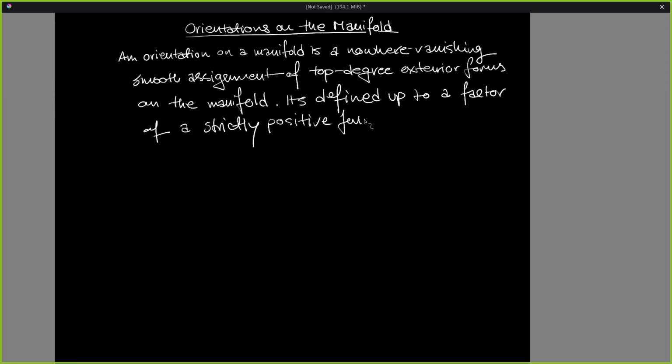So like a function that's positive everywhere on the manifold. The reason we need it to be smooth is, well, smoothness helps, but more importantly, we need it to definitely not be discontinuous, which is what's going to prevent orientations from flipping in the middle of the manifold.